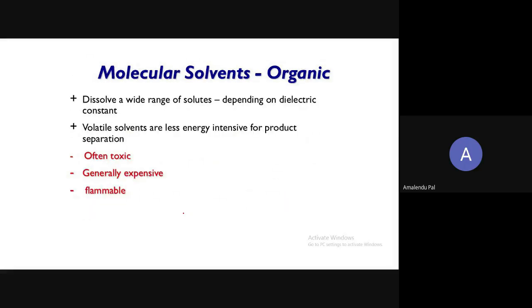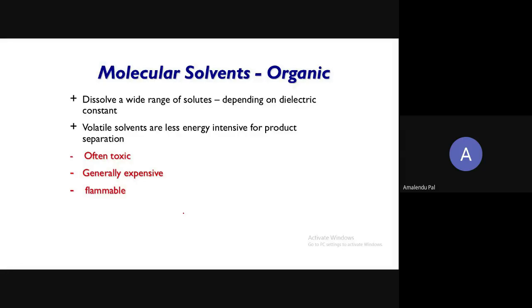Another thing, molecular solvent, organic. Organic solvents dissolve a wide range of solutes depending on dielectric constant. If the dielectric constant is very high, then most of the solutes can dissolve. That's why it's good. And volatile solvents: water is not so volatile, with a 100-degree temperature. If it is a volatile solvent like ethanol, it is near 60, 65. Then in that case, less energy is required for product separation, for evaporation. Less energy is sufficient.